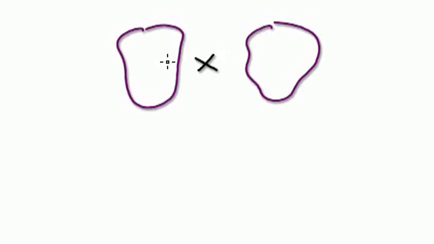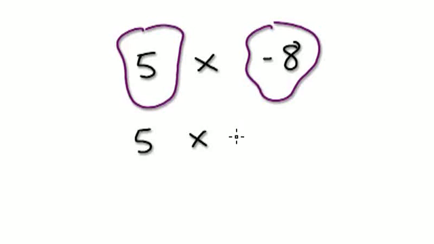Now any two numbers, times another number here. So let's say 5 times negative, let's say 8. Okay, this is like me saying 5 times negative 8. If I were to leave it like this, we would have 5 times minus 8.